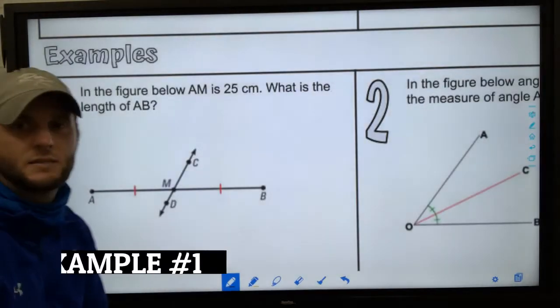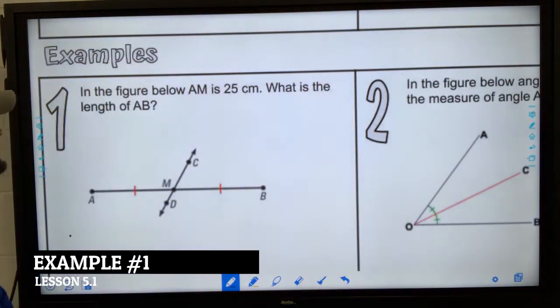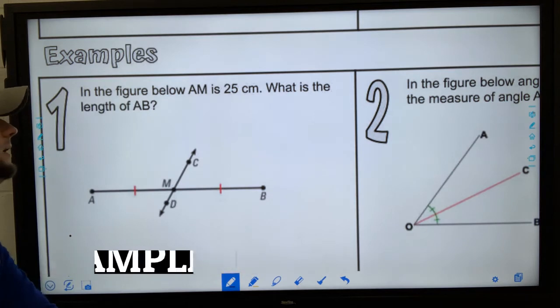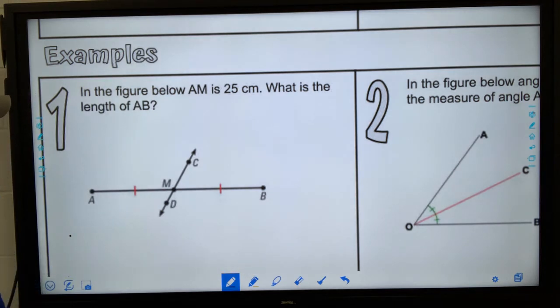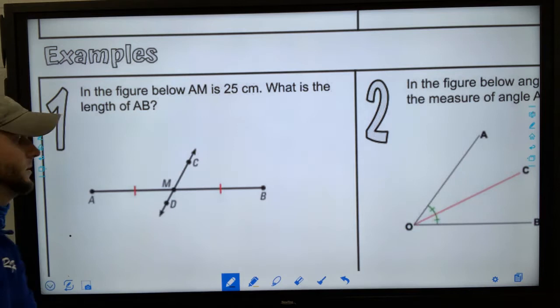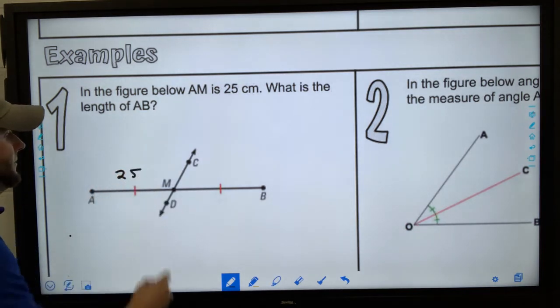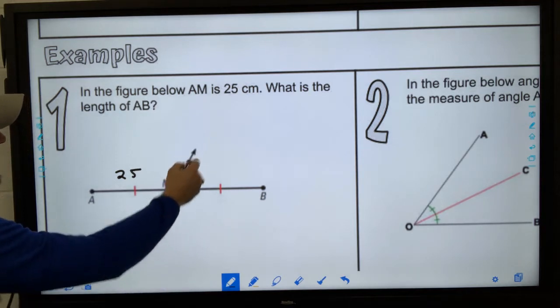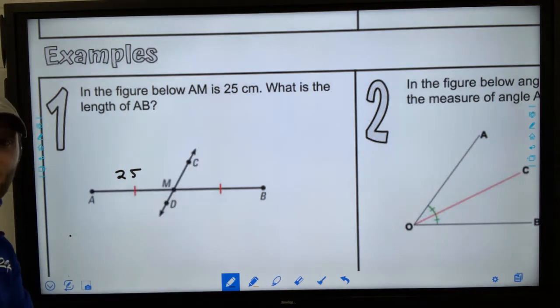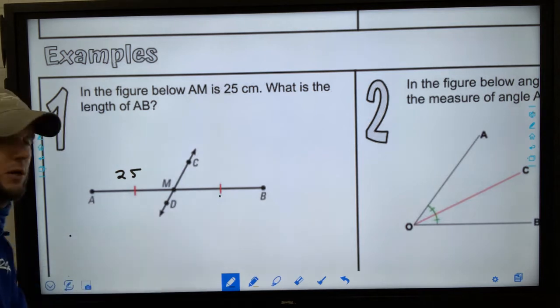Looking at example number 1 here. It says, in the figure below, line AM is 25 centimeters. What is the length of AB? So I know from A to M is 25 centimeters. I know that line DC is bisecting that because both of these are equal to each other.